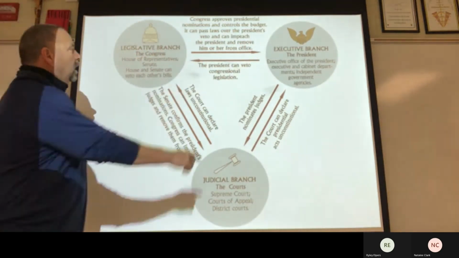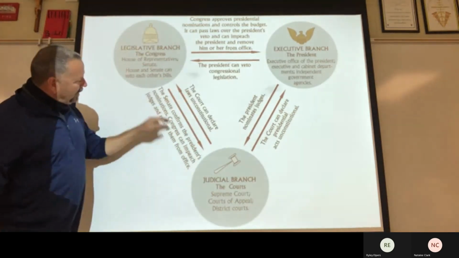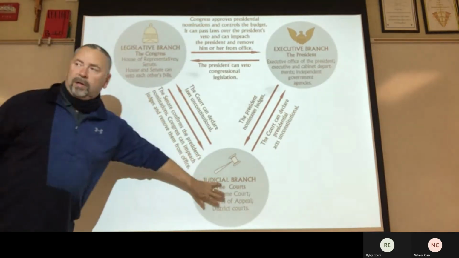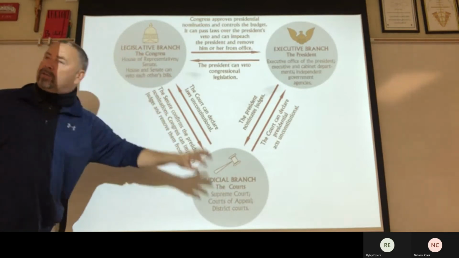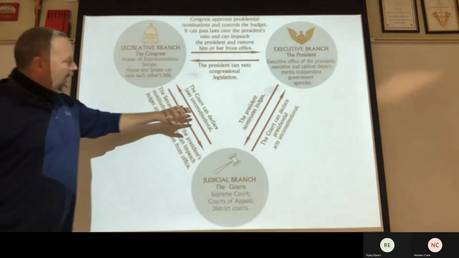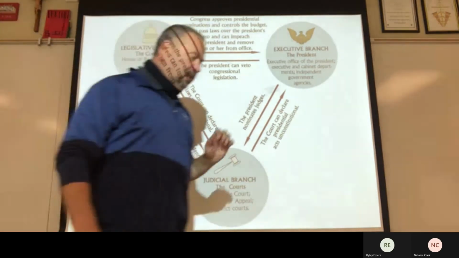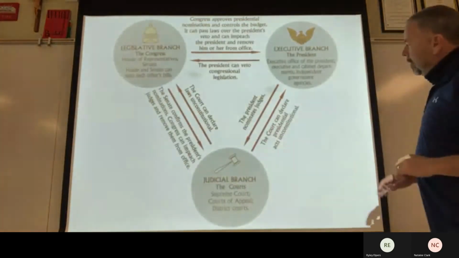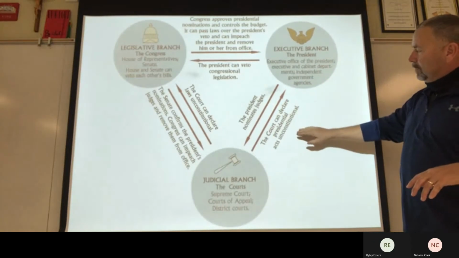Impeachment, okay? President can veto, okay? Now, the Senate confirms the judicial nominations. So this is the legislator having power over who gets to sit on the court. And the court can declare the laws that they pass unconstitutional. The court can declare presidential actions unconstitutional.